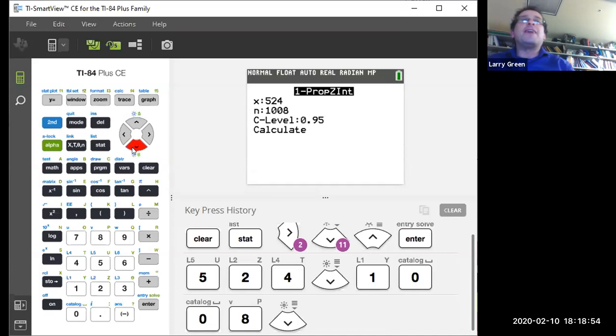C stands for confidence. This is the confidence level. And 0.95 is correct, so that's the default. And then I'm going to hit calculate. So I'm going to stop for a second. Any questions? Okay, so let's hit calculate.